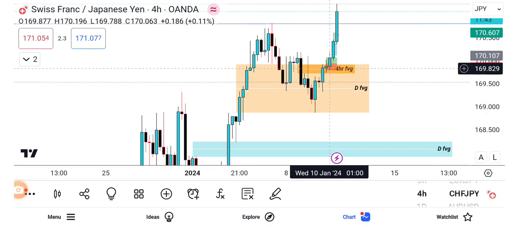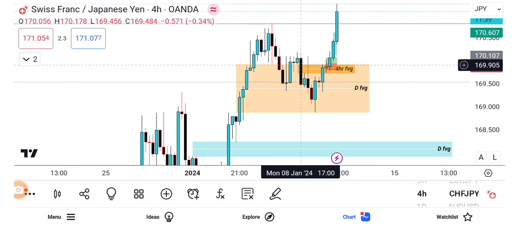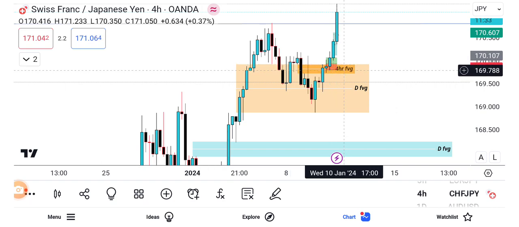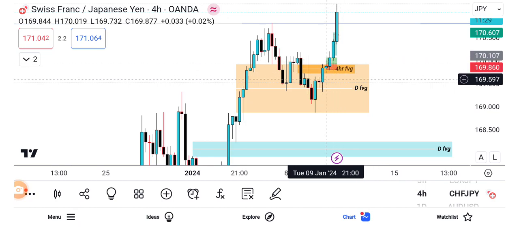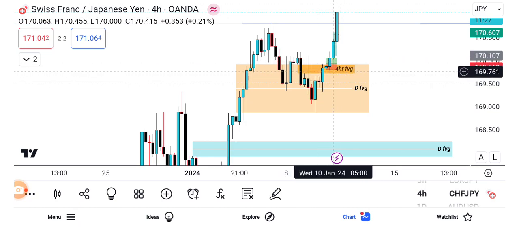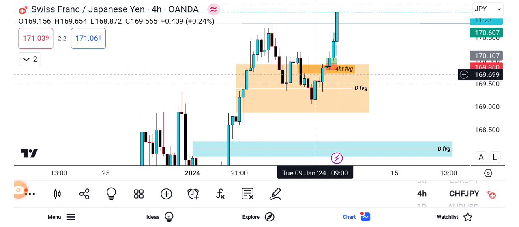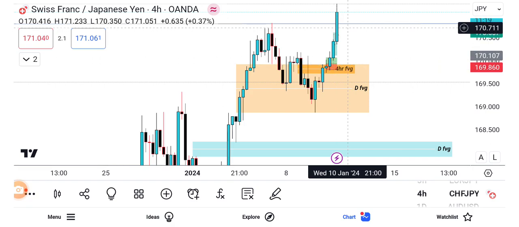Also over here I had my daily inversion fair value gap, so this was my key level. So after seeing this candle close above this daily 4 hour fair value gap, then the fair value gap below, I didn't want to see it being engaged, right? So what happened is, we see the market continued bullish, right?